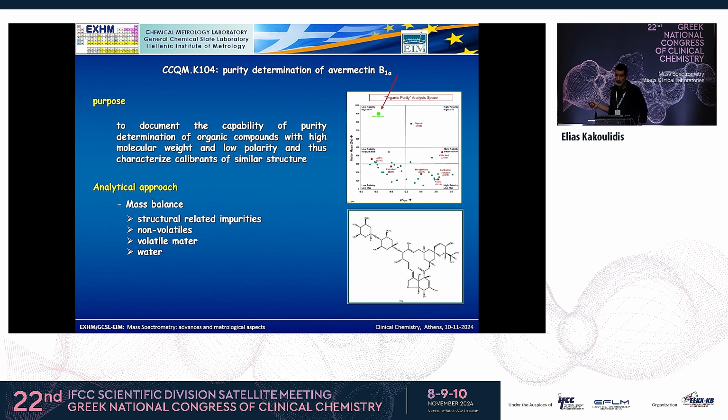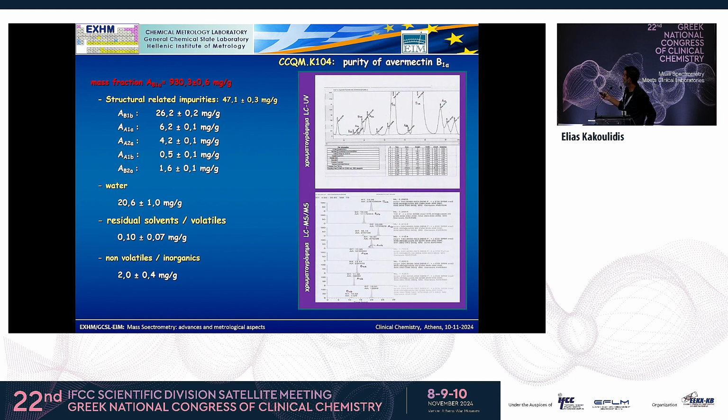Other drugs, for example avermectin, were the case of another comparison. Here we had a much more impure sample. You see the quantification is done by LC-UV, but the identification is done by mass spectrometry. You see that several of the impurities have been quantified and identified, again by LC-MS/MS here.